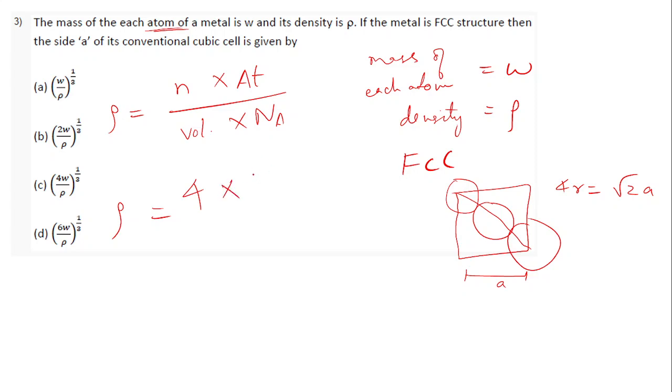Atomic mass we have not been told, it's W. And then the volume we can find out because the edge length is a, so it will be a cube, and Avogadro number, let's keep it as Na.